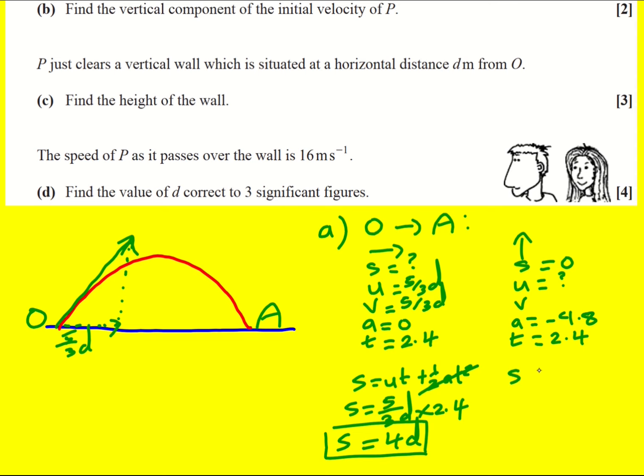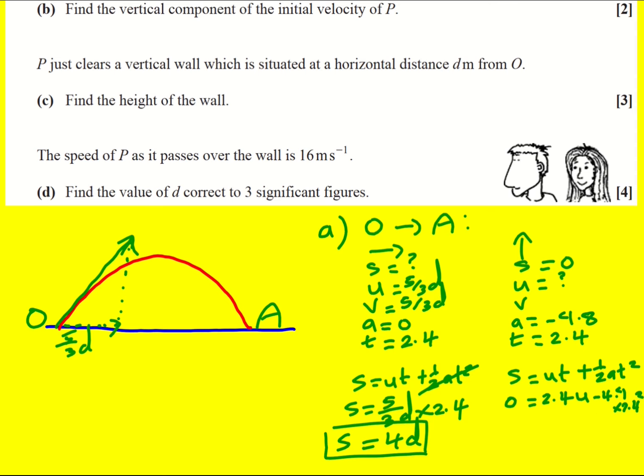So what do I want to apply? s equals ut plus a half at squared. So 0 is going to equal 2.4u, then minus, a half times minus 9.8 is minus 4.9, times 2.4 squared.